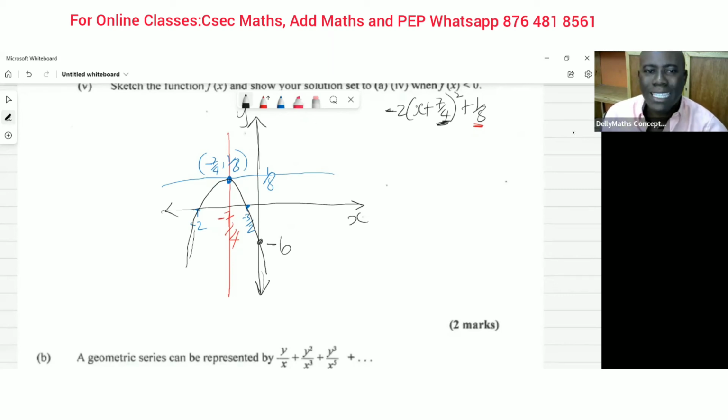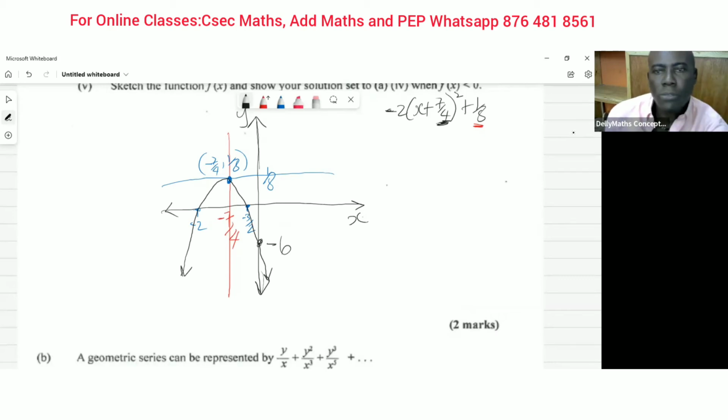Basically, this is a rough idea. Could have been drawn better, but that's just a rough sketch of the curve with the -6 there and everything.